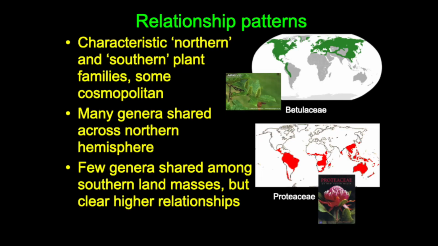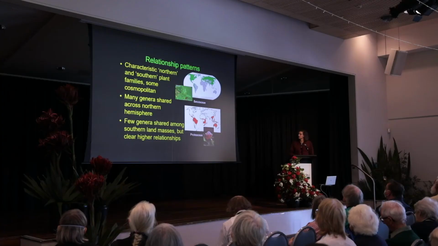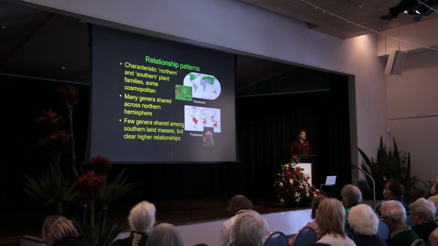And there are characteristic Northern Hemisphere families like the Betulaceae and the northern beeches and so on, faguses, the ashes, and of course the pines, that really don't occur. They don't make it down to the Southern Hemisphere.